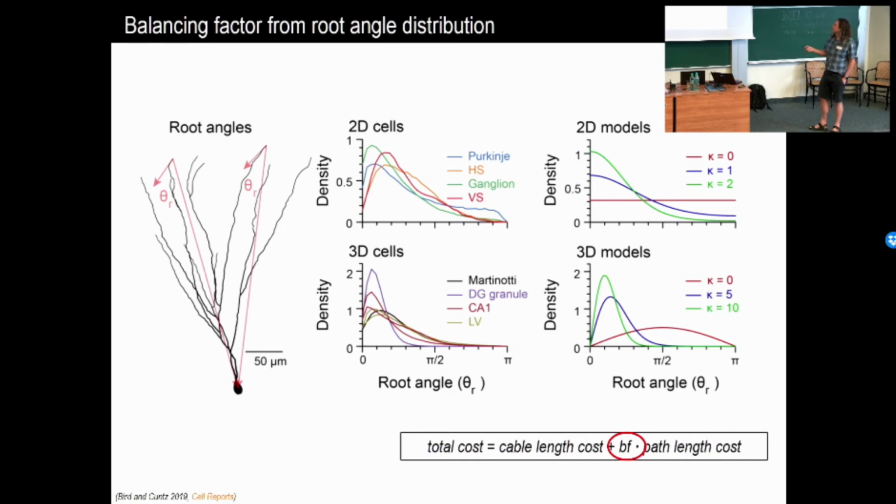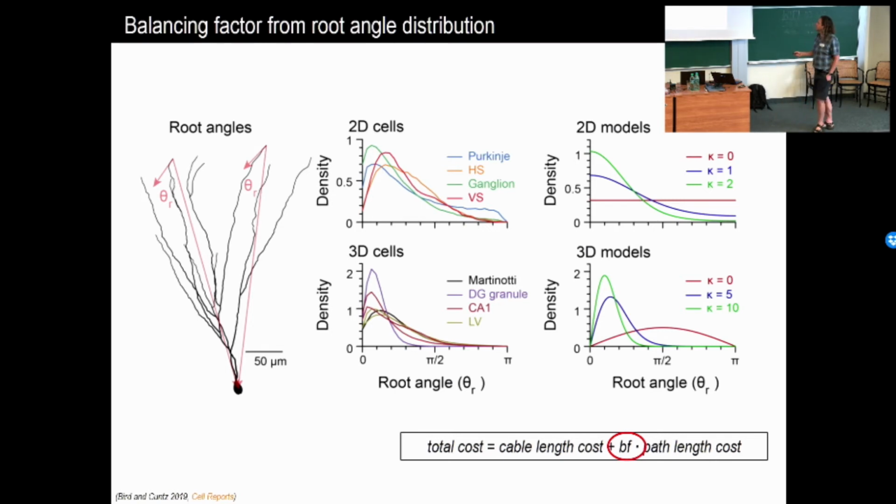If you now look at the distribution of these root angles, you can see that different cell types have different distributions, and from these distributions you can directly infer the balancing factor, the one parameter in our model.